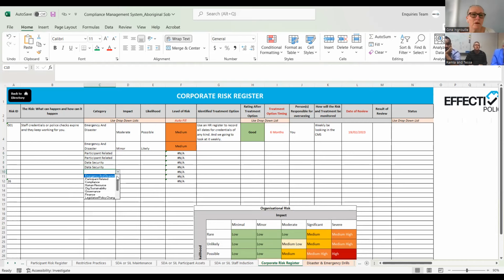However, participant related, emergency and disaster, and all the rest are quite generic, and I'm expecting that you've already got these in your corporate risk register. So you will need to just have a few of them that relate only to your NDIS program, and maybe some of them will relate as clusters to the whole organisation.